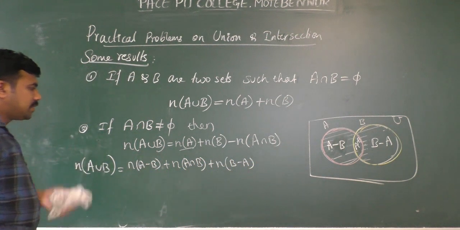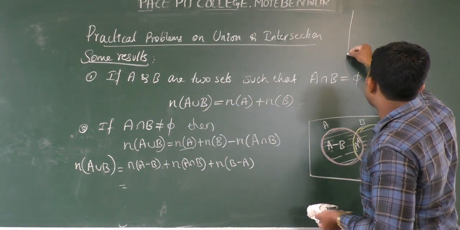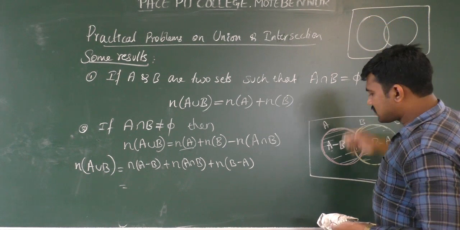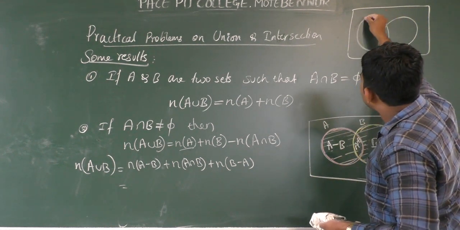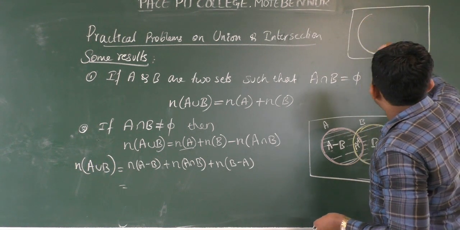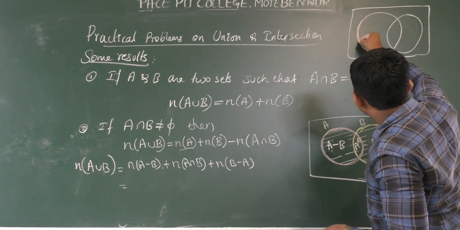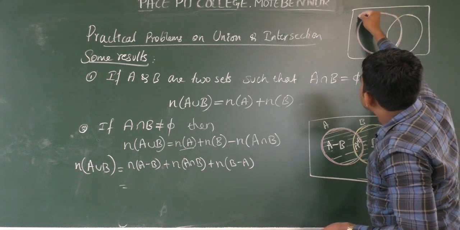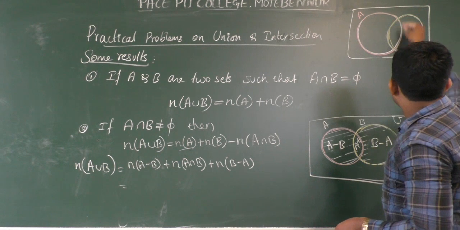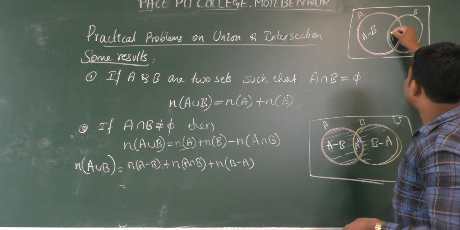But the number of elements in A minus B, how is that? Now I will take one set. Let me make the figure bigger. This set is A, another set is B. Here we get only the elements of A which are not in B. Here we get the common elements.